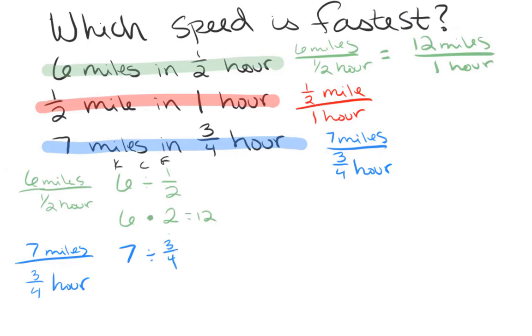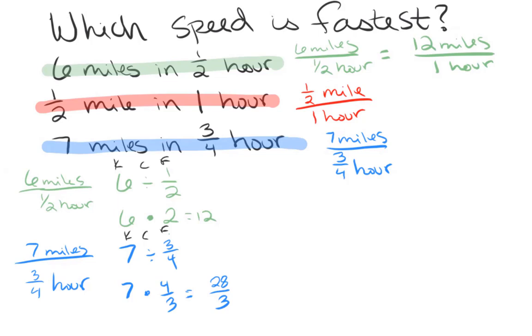Whenever I'm dividing by a fraction, I keep, change, flip. So I keep my first number the same, change my division to multiplication, and 3/4 flips to 4 over 3. That's my reciprocal. Now I have 7 times 4 over 3. This will give me a value of 28 over 3, because 7 times 4 is 28.